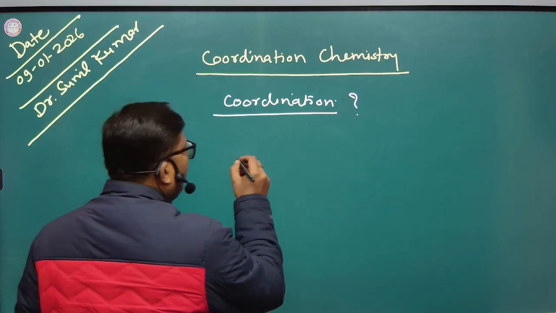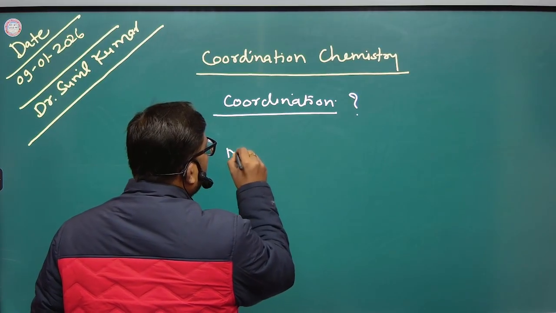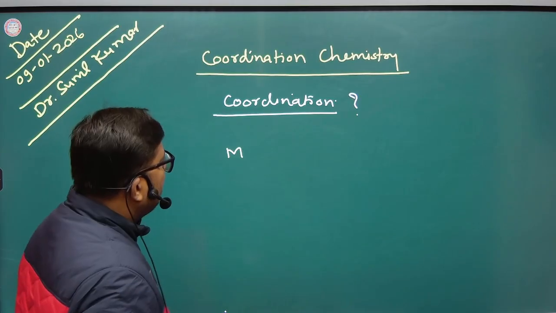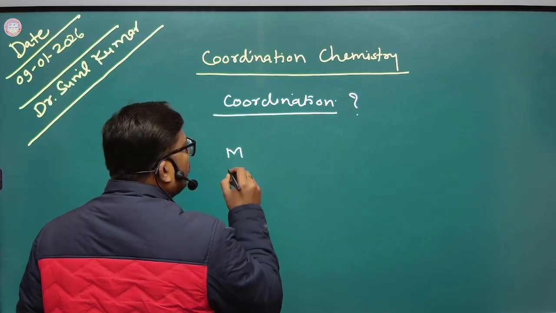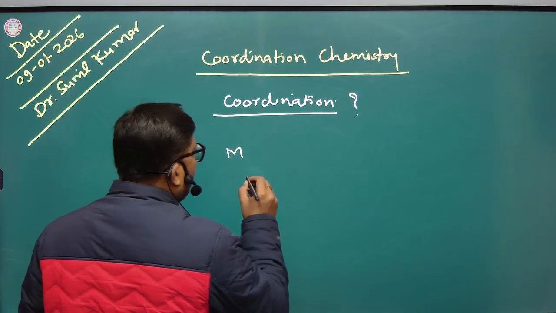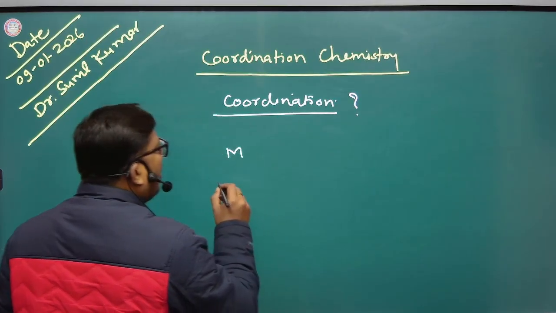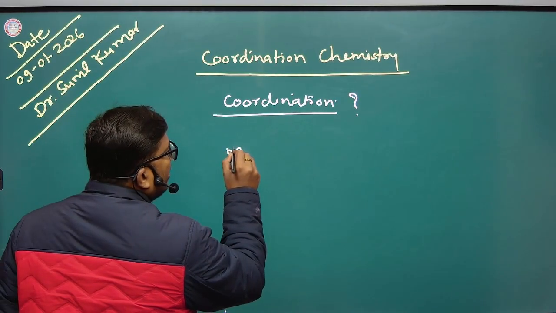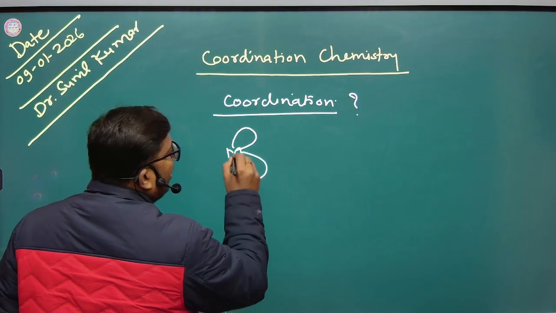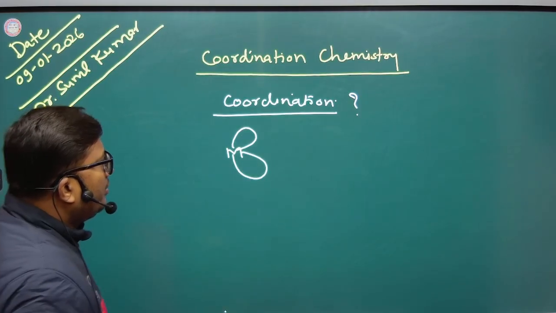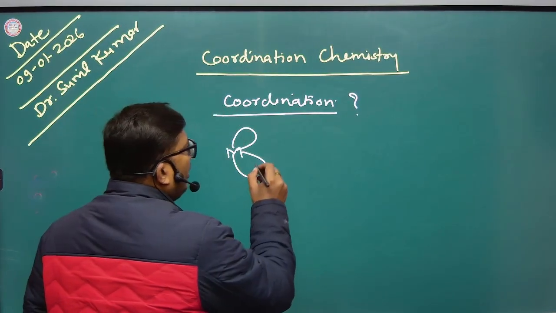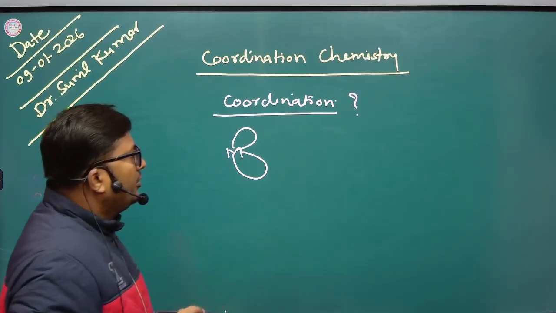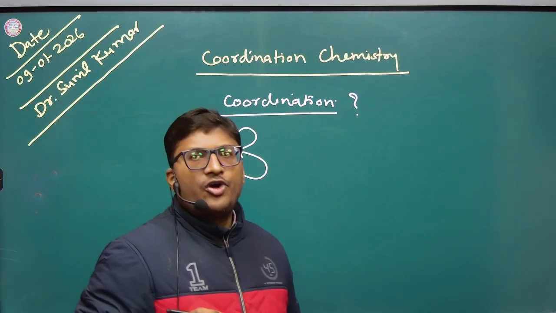Suppose we have a metal. This metal contains orbitals. If it has proper symmetry and energy, it can be partially shown by this structure. So this is a vacant orbital and it has a tendency to accept electron pairs.